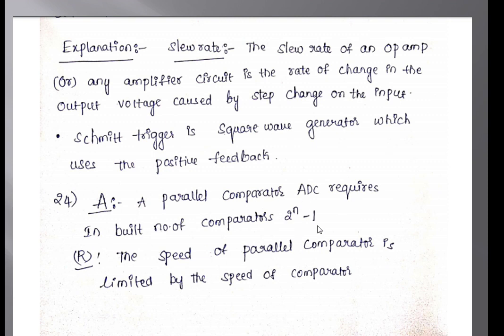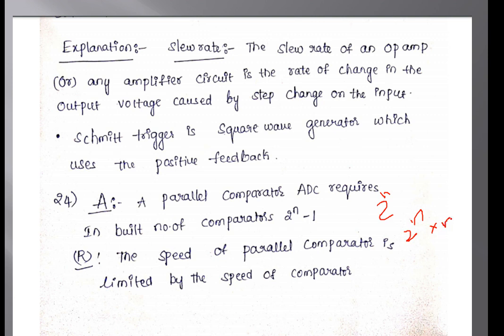It requires 2 power n minus 1 comparators, 2 power n resistors, and 2 power n cross n priority encoder.